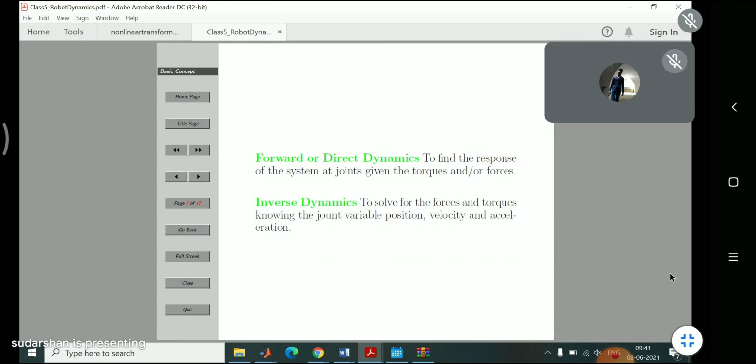That is the forward dynamics problem. Whereas the inverse dynamics problem is, to achieve a certain response, or certain position, velocity or acceleration, what should be my force and torque? That is the inverse dynamics problem.